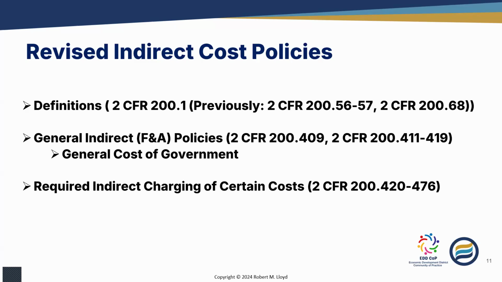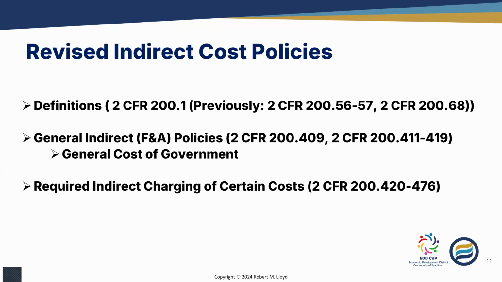The general indirect cost policies presented in the other regulations that are cited in the second bullet primarily have to do with the federal government's intent to have negotiated indirect cost rate agreements established by a cognizant federal agency to be the gold standard in terms of indirect cost recovery.